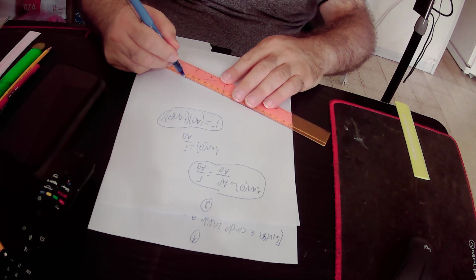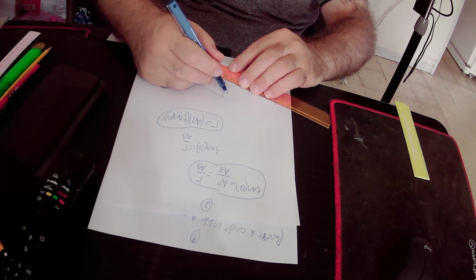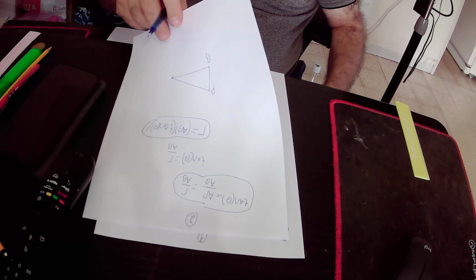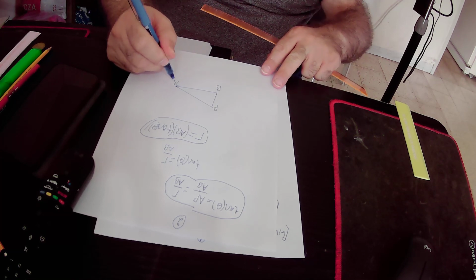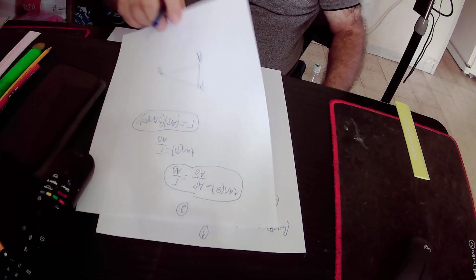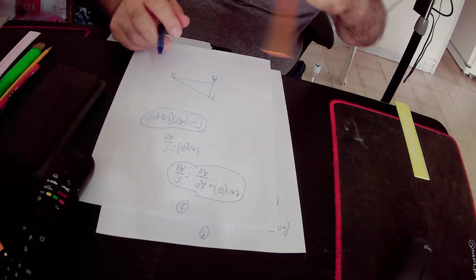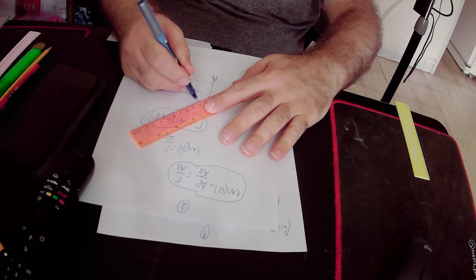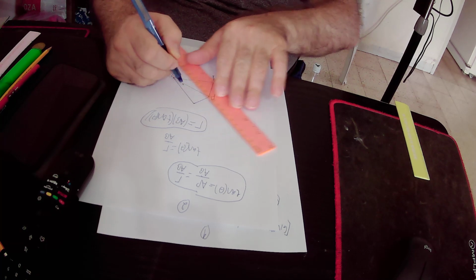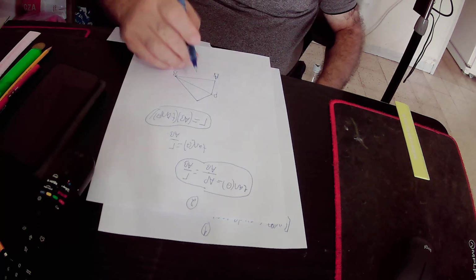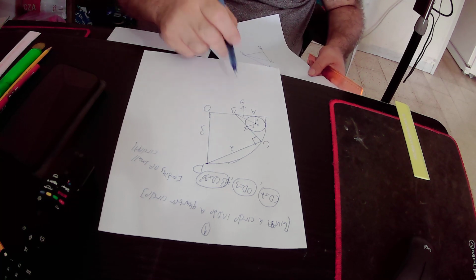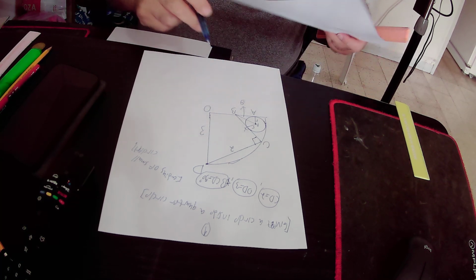This is PB, this is point B, this is point A. Okay, so I draw again triangles ABP and PBX.